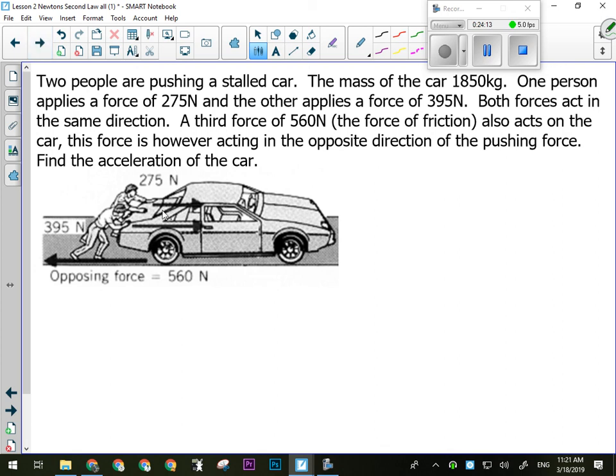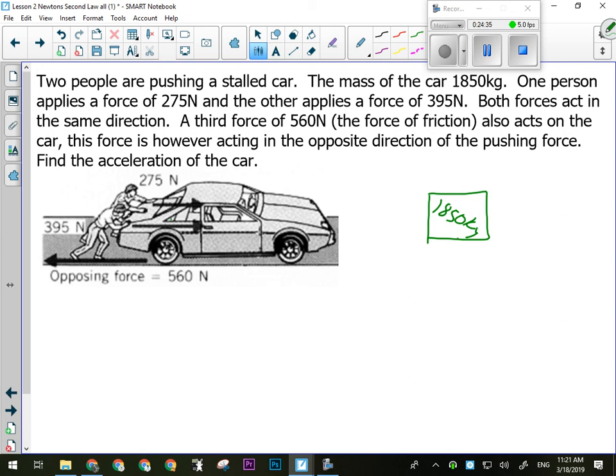Okay, so to start this problem, the first thing I want to do is draw a free body diagram. I'm going to represent the car with a box, and inside that box I'm going to put the mass, 1,850 kilograms. Now I'm going to draw the forces acting on the car.